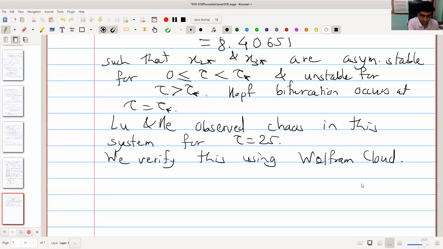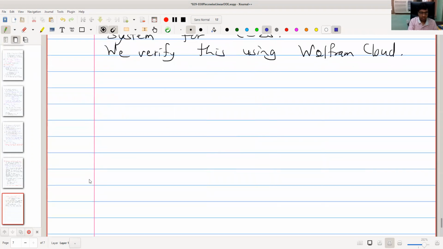One more homework. There are some Indian researchers, Thangavel, Murali, and Lakshmanan.